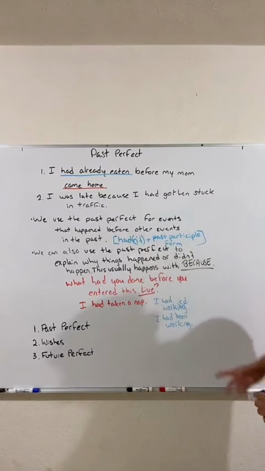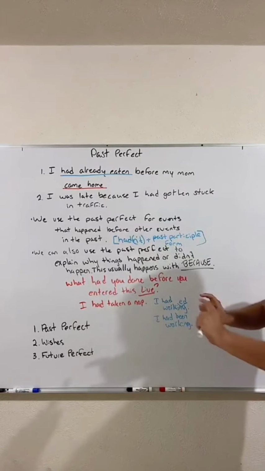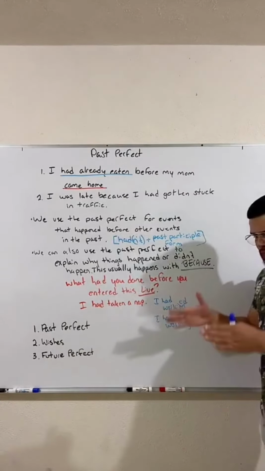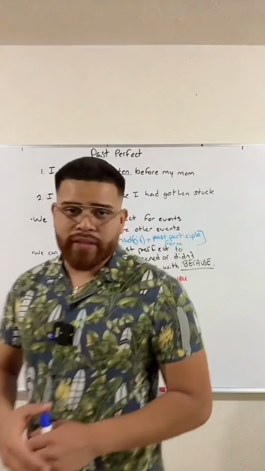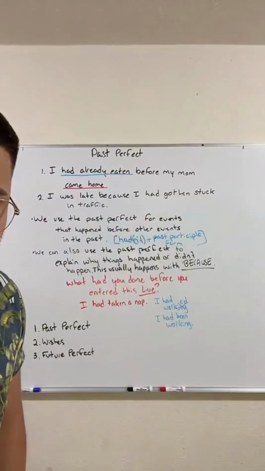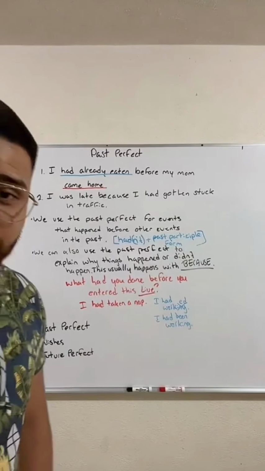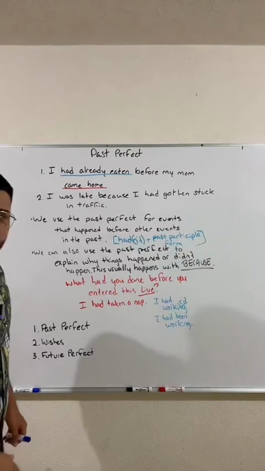Okay? If you say I had been working, this is something that would have been continuous before you entered this life, and I had worked. It's just something simple that you had done before this life. All right. Good, good, good. I had eaten fruits. Good job, good job.